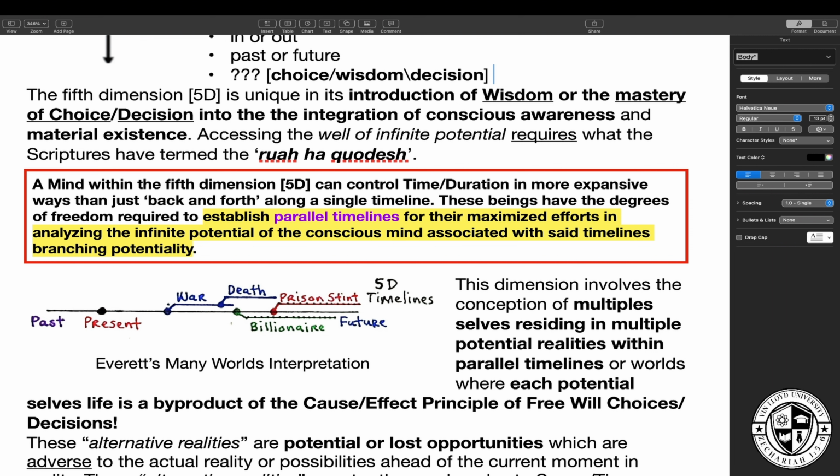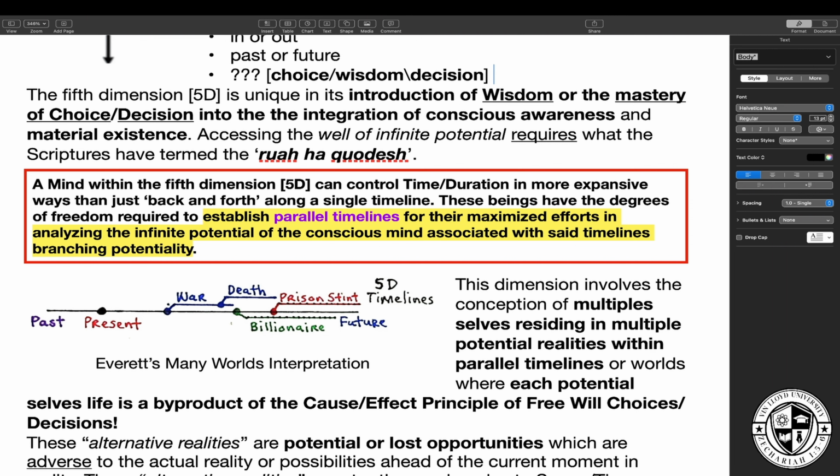The fifth dimension is unique in its introduction of wisdom or the mastery of choice or decision into the integration of conscious awareness and material experience. Accessing the well of infinite potential requires what the scriptures have termed the Ruach HaKodesh, or the Holy Spirit, right?